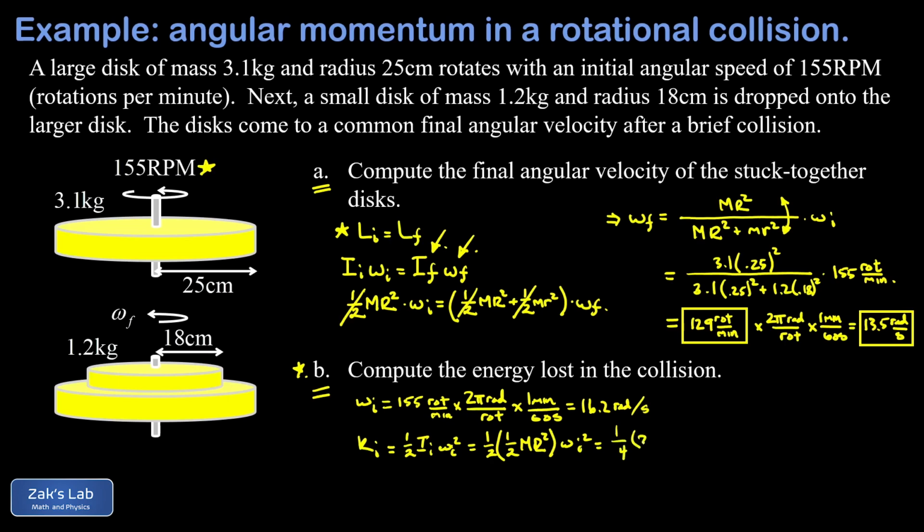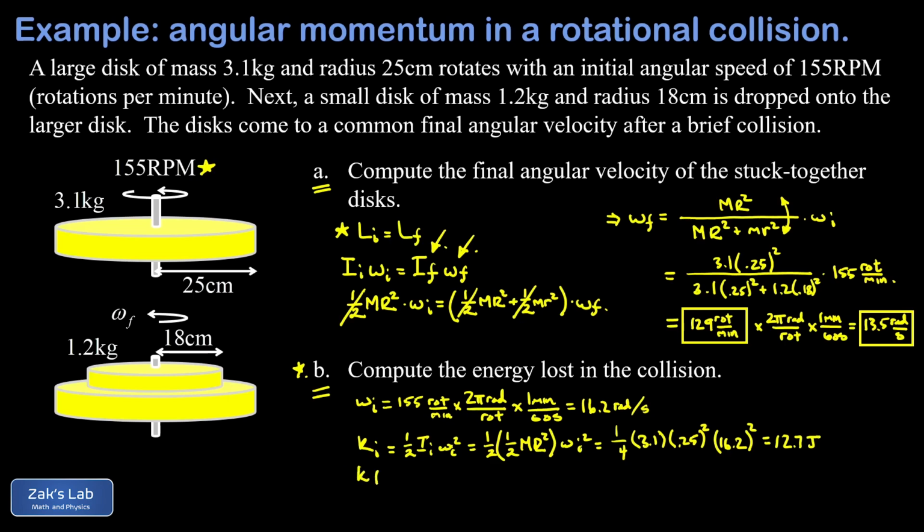And then my mass is 3.1 kilograms. My radius 0.25 meters. And this time we do have to use the conversion to meters because I need joules to pop out of this thing. And then my initial angular speed, also in SI units now, 16.2 radians per second, all squared. And this gives me about 12.7 joules of initial kinetic energy.